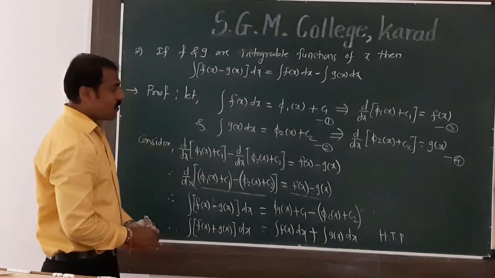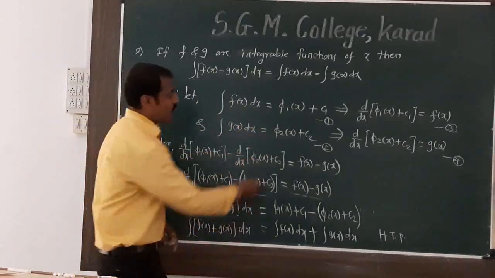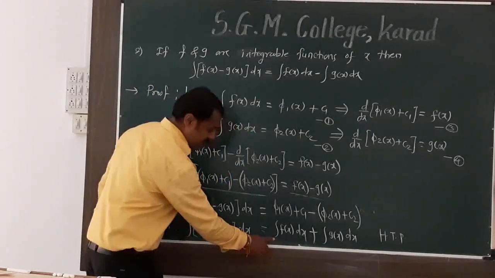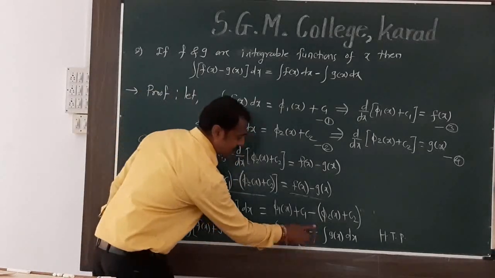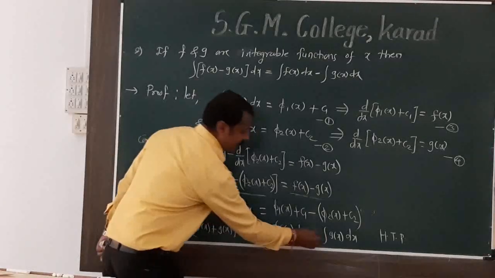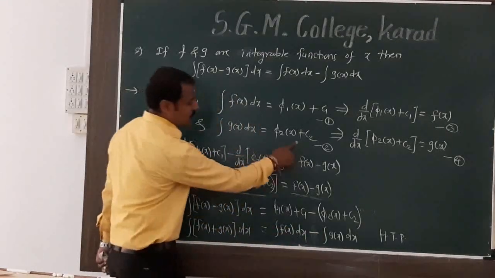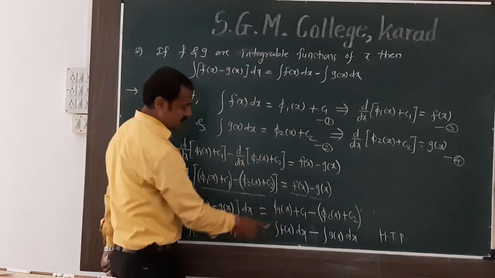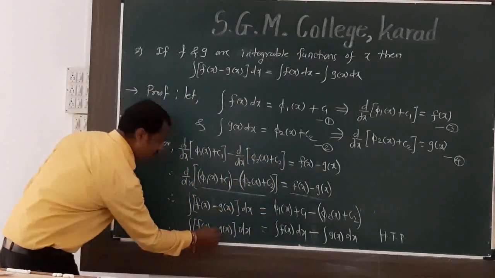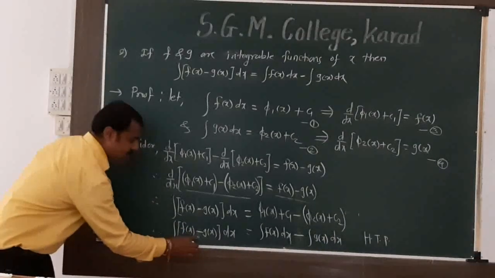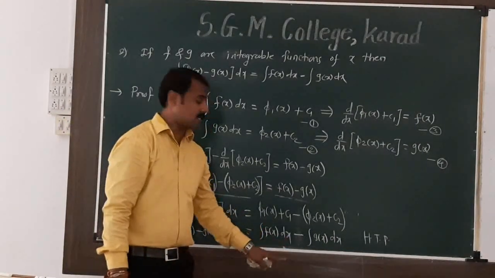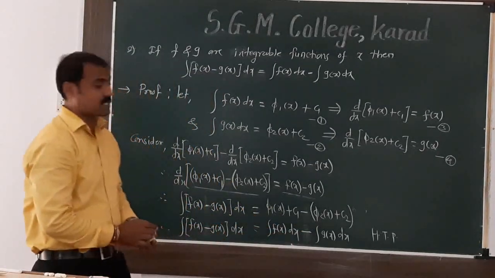Okay, from equation first and second, phi 1 of x plus c1 is nothing but integration of f of x dx, and here is the minus sign. Phi 2 of x plus c2 is nothing but integration of g of x dx. Okay, thus we proved integration of f of x minus g of x dx is equal to integration of f of x dx minus integration of g of x dx.